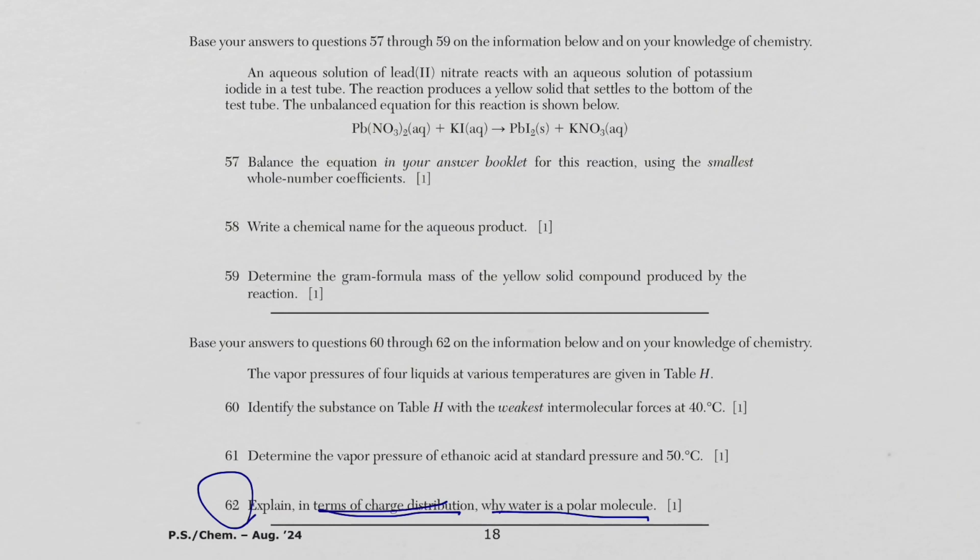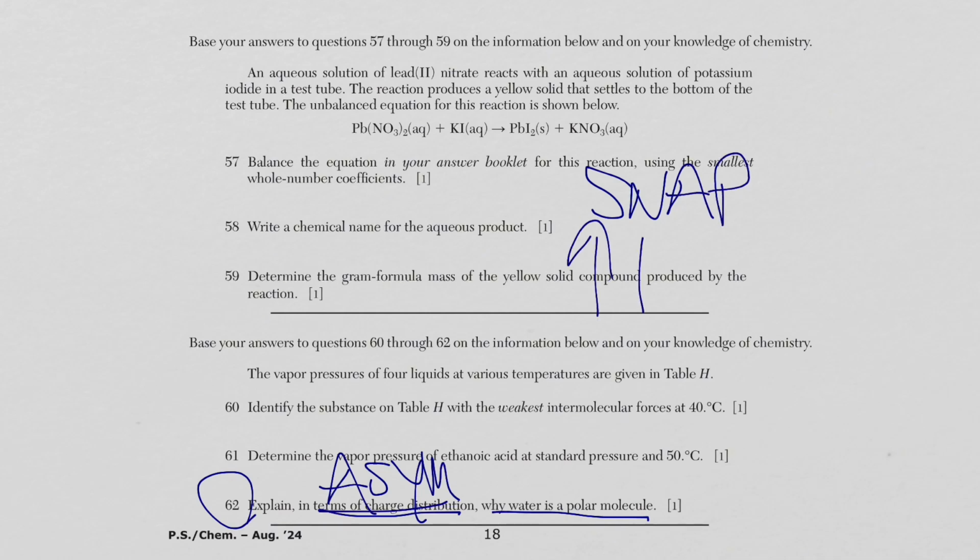Your nonpolar molecules, which are your diatomic molecules, along with things like carbon dioxide and methane CH4, are symmetrical. So all I had to really say here is that the charge distribution is asymmetrical. An easy way to remember this is SNAP. S-N-A-P. Symmetrical, nonpolar molecules, asymmetric, polar molecules.